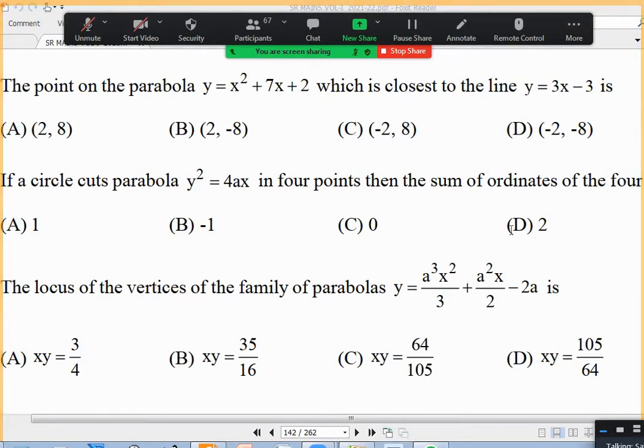It's a vertical parabola. You have to find its vertex. I can make a perfect square and find the vertex that way, or I can even use calculus, because it is a vertical parabola and at the vertex the derivative will be 0. So y equal to a cube by 3 x square plus a square x by 2 minus 2a.